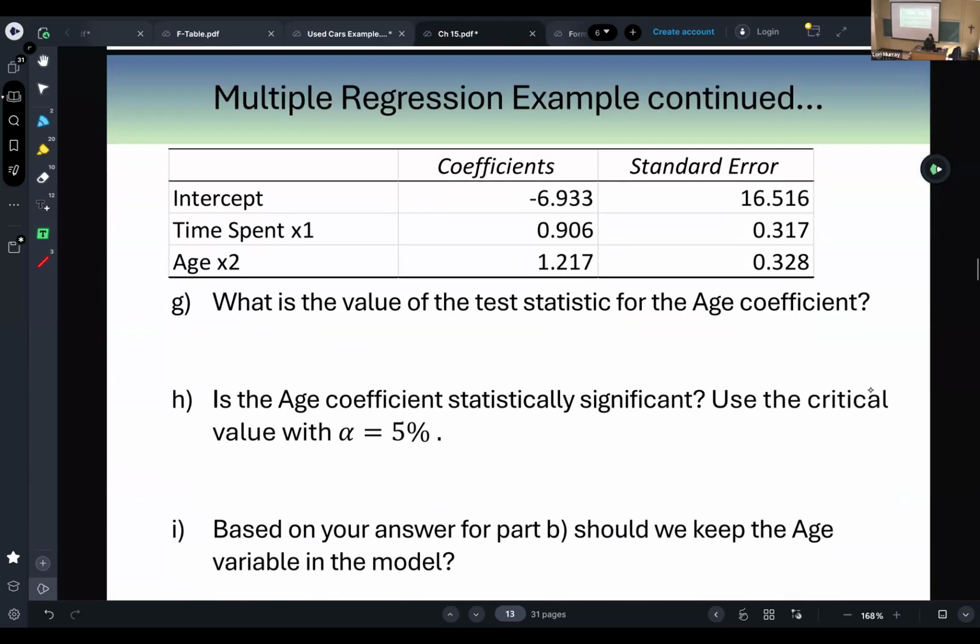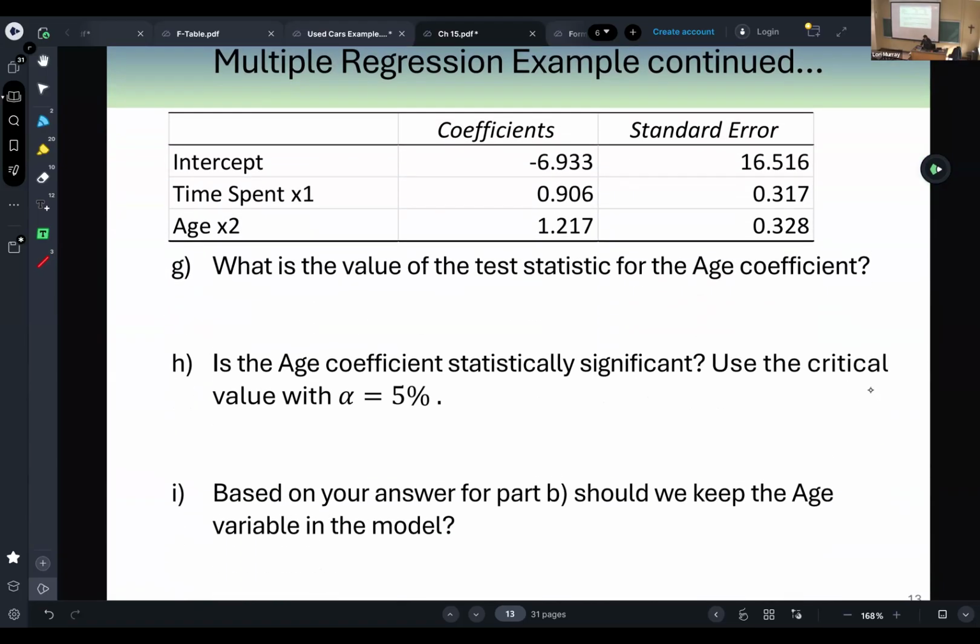What is the value of the test statistic for the age? Now we need to do it for the age, so we'll call it T2, and we're going to have B2 over S2 because it's the second predictor. You literally just plug those in, 1.217. Just remember this was B naught, B1, B2, and S naught, S1, S2. We do exactly the same thing.